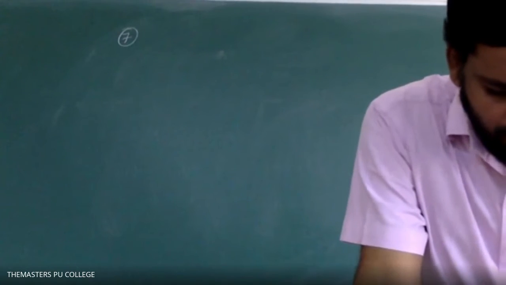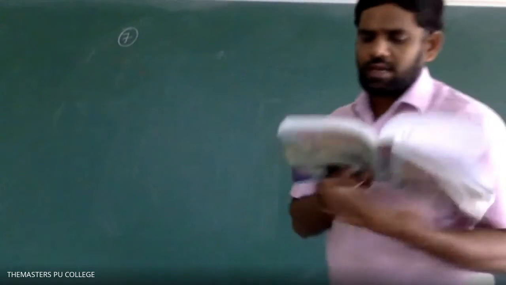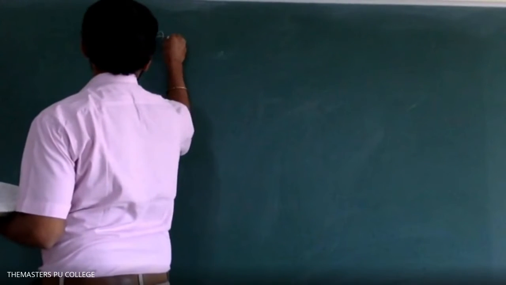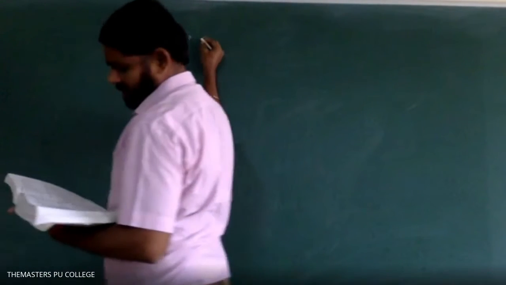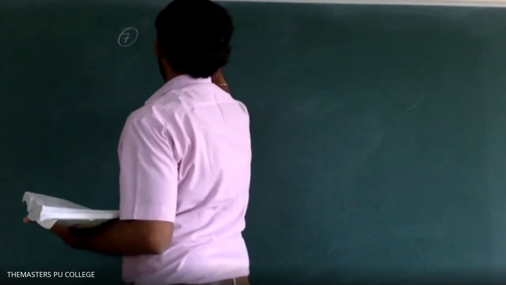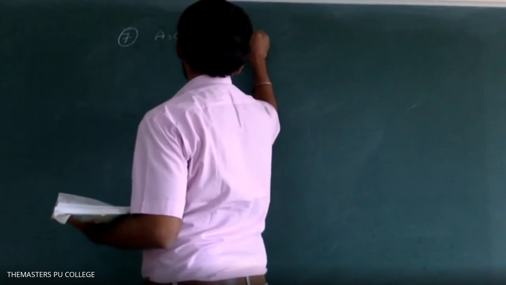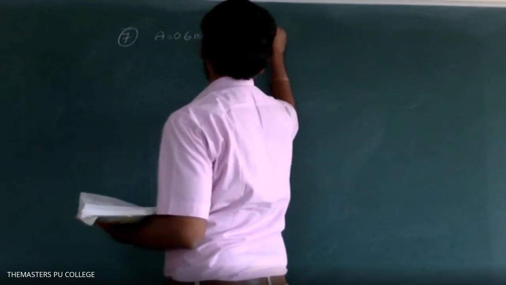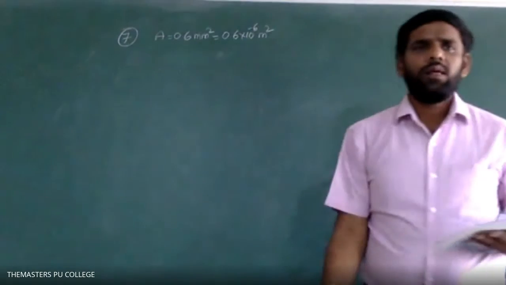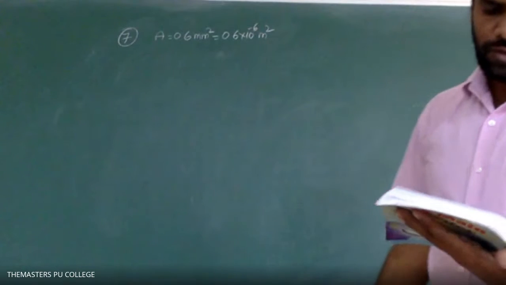A steel wire of cross-sectional area A equals 0.6 millimeter square. 0.6 millimeter square means I can write 0.6 into 10 power minus 6 meter square, converted from millimeter square to meter square.